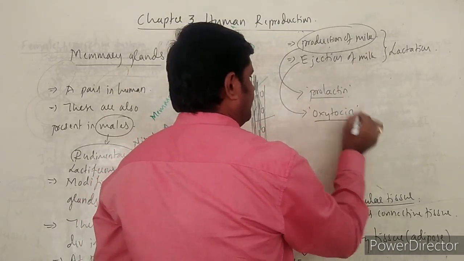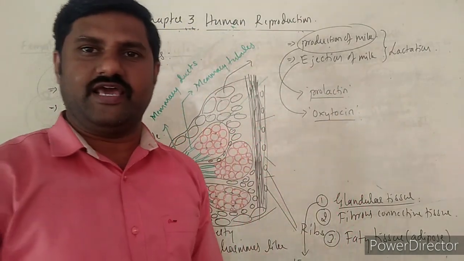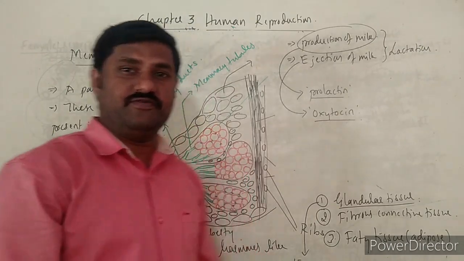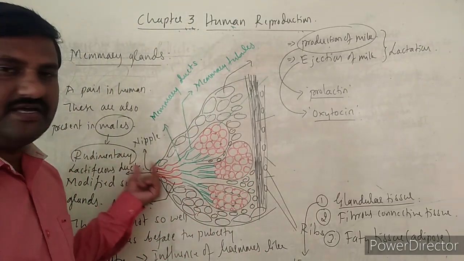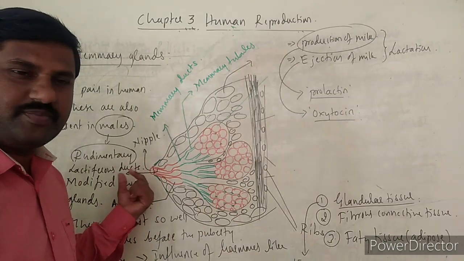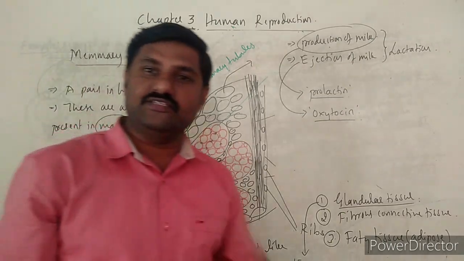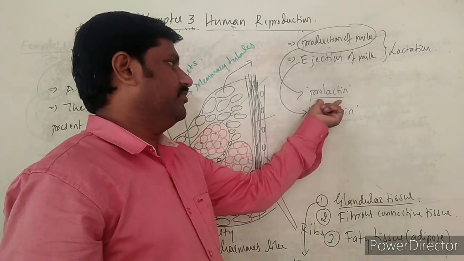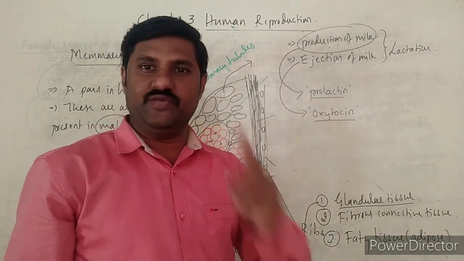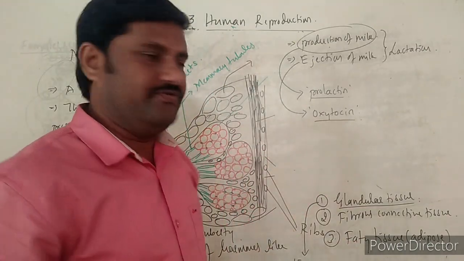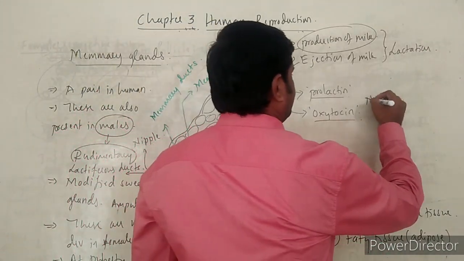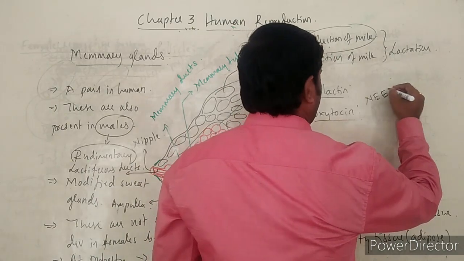Oxytocin is the major hormone that helps in ejection of the milk from the mammary glands. The ejection takes place through the oozing out of the milk through the nipple. Prolactin and oxytocin play a very important role in lactation, so this is a very important point.